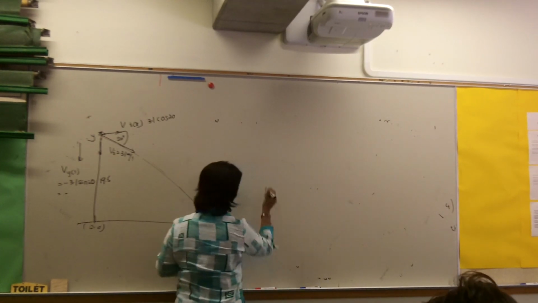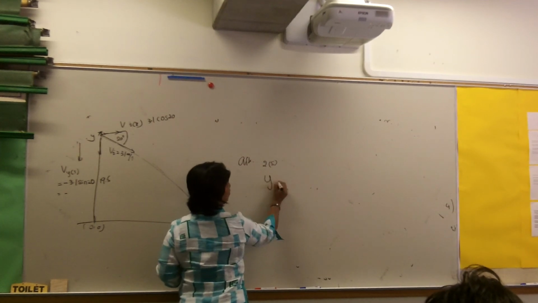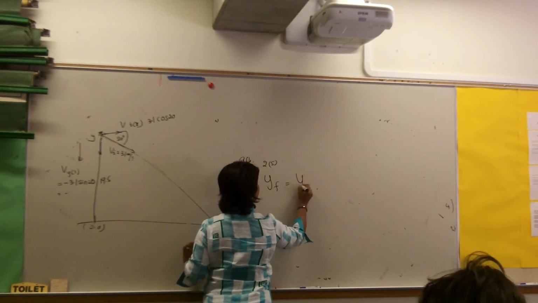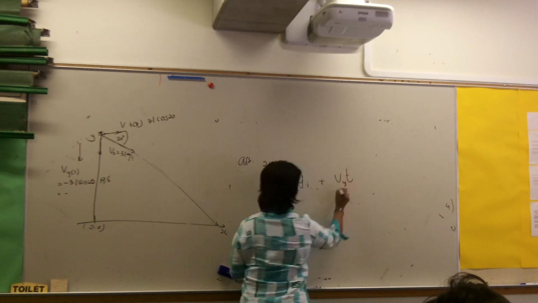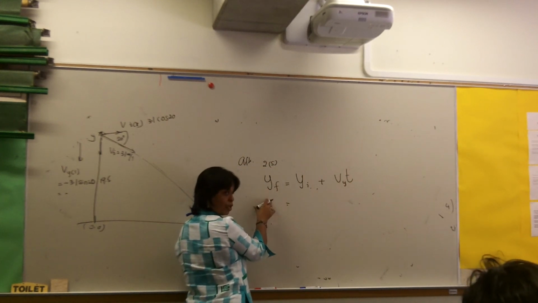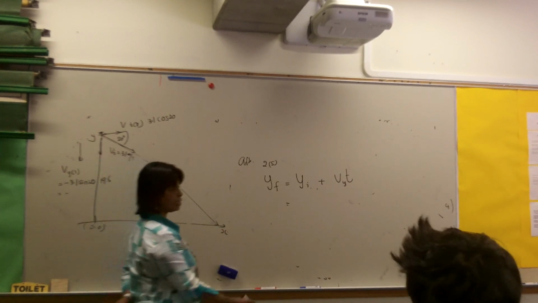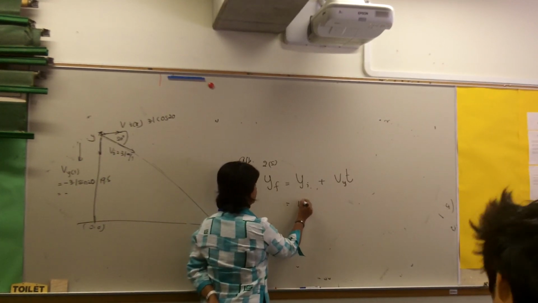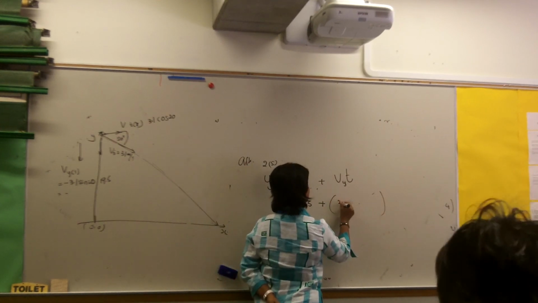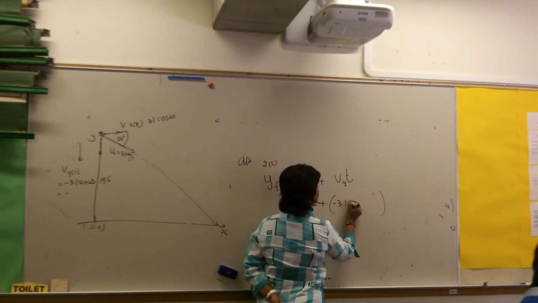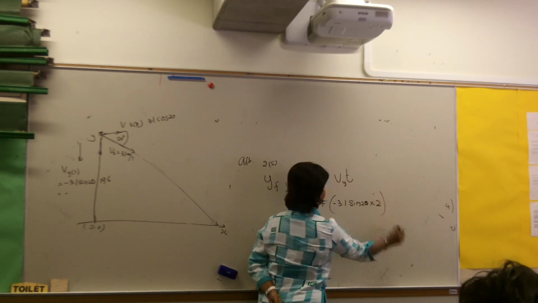So we are saying after 2 seconds, y final is equal to y initial plus v_y t, right? So you are looking for y final. What is y initial? 19.5, plus v_y is negative 3.1 sine 20 times 2.